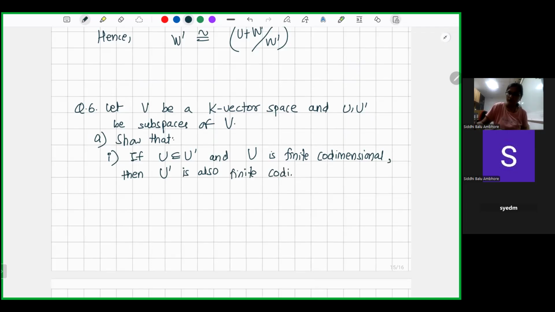So what finite codimensional means is dimension of V quotiented by U is finite.